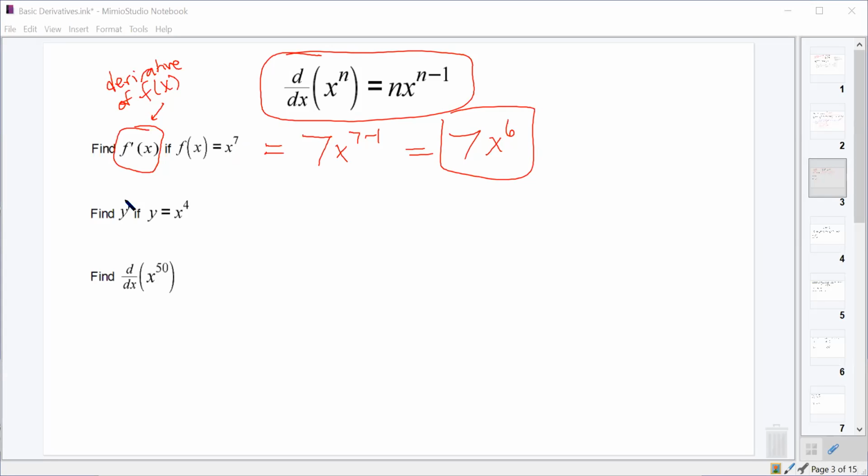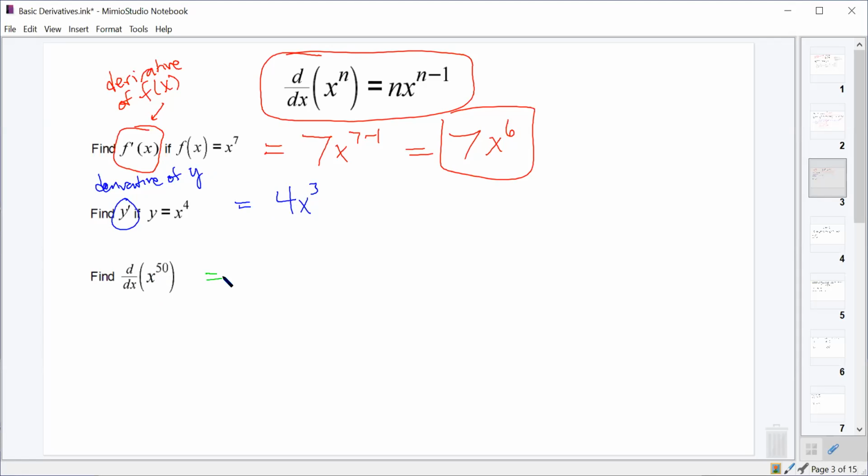All right, so same thing here. Y prime, that's the derivative of y. What should that be? Four x cubed. 4x to the 4 minus 1, 4x to the 3rd. Exactly. And what about the derivative of x to the 50th? This notation we've already talked about, right?